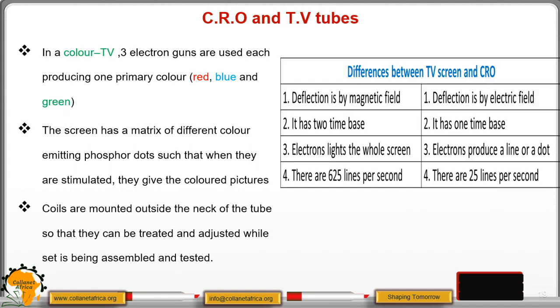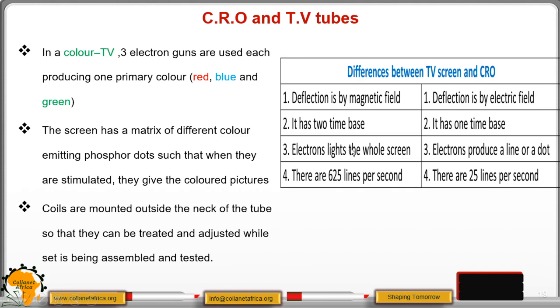So we have the differences between the TV screen and the CRO. One, we have seen that in the TV tube, the deflection is by magnetic field, but in CRO, the deflection is by electric field. Then the TV has 2 time bases, but the CRO has only 1.